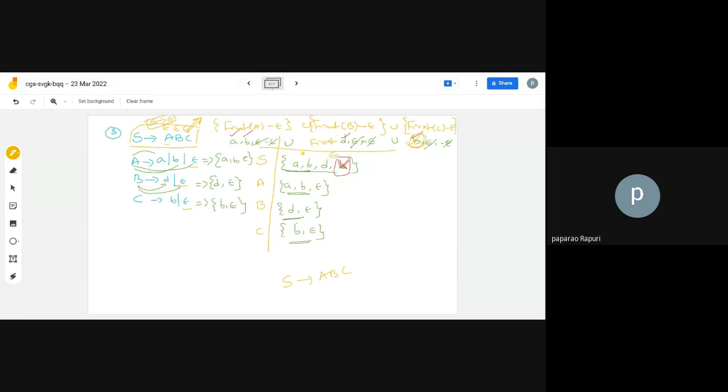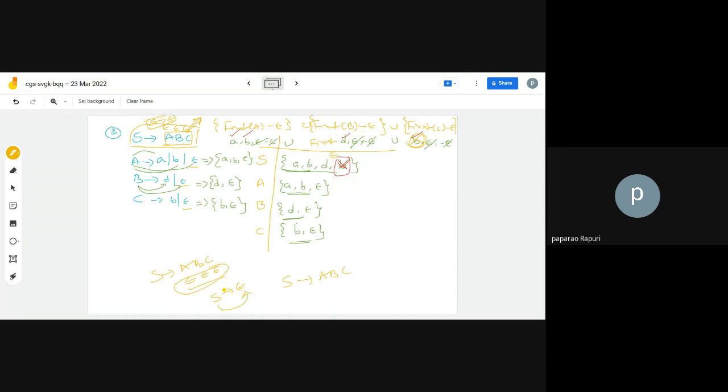So it is good. In another case, S is deriving A, B, C. A is epsilon, B is also epsilon, and C is also epsilon, because every non-terminal is producing epsilon. So in this case, we will get S derives epsilon.